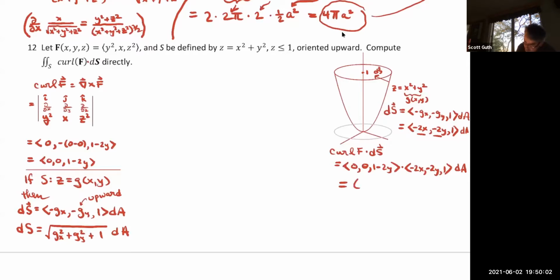That's just 1 minus 2y dA. Okay. Any questions about all that?